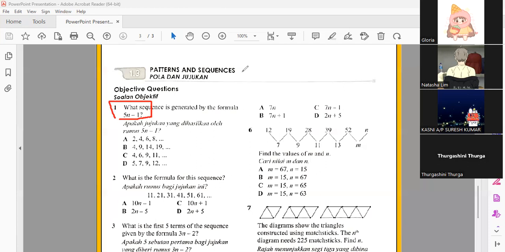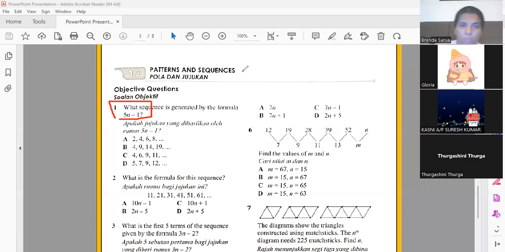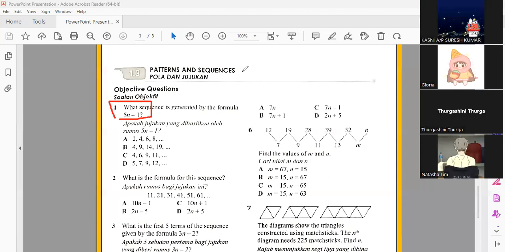So what's going to happen here is you're going to first put 1, and then find what is the value for 5n minus 1. So put that 1 into the n. So n times 5, it's 5. 5 minus 1, it's 4. This is what you are doing.